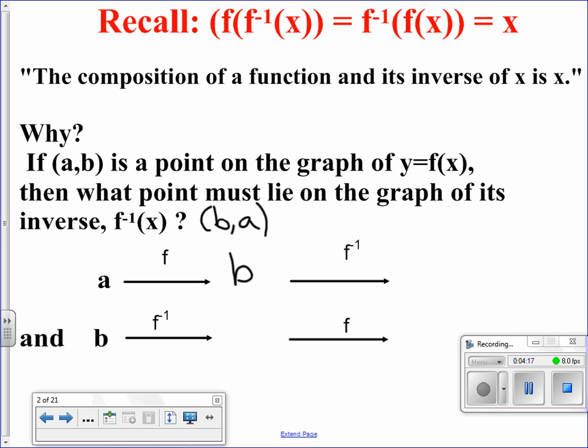And if you take that answer and plug it into the inverse, you're going to get back to a. Whatever a function does, its inverse undoes. You see it like that? If you start with b and you plug it into the inverse, what do you get? A, because the point BA is a point on the inverse. And if you take a and plug it into the function, you're back to b.